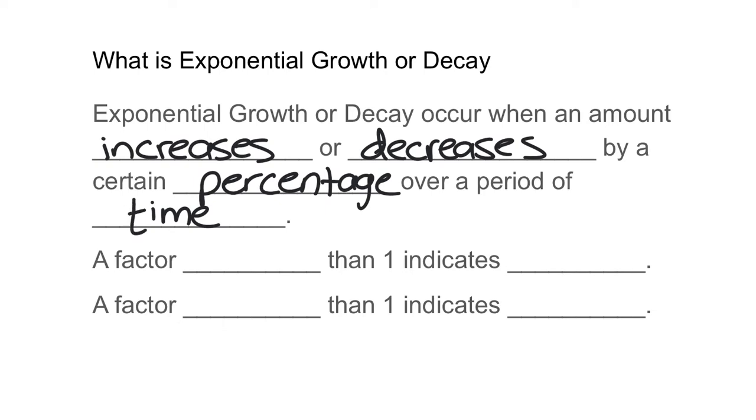When you're looking at one of these growth or decay functions, the factor that you multiply by is all based on what that percentage is. When it's an exponential growth function, that factor is going to be greater than 1. If it's an exponential decay function, that factor is going to be somewhere between 0 and 1.